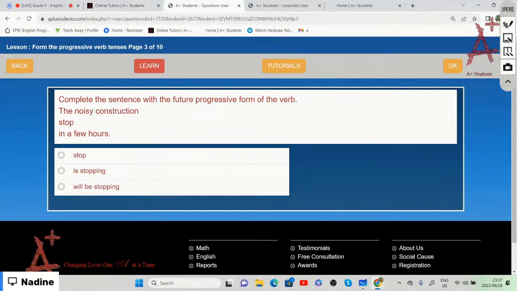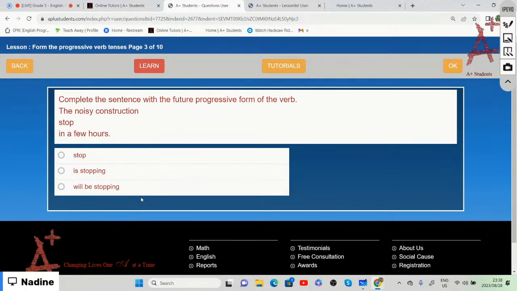All right, so we need to complete the sentence with the future progressive form of the verb. The noisy construction stop in a few hours. Is it stop, is stopping, or will be stopping? We need to choose the correct future progressive form of verb tense.